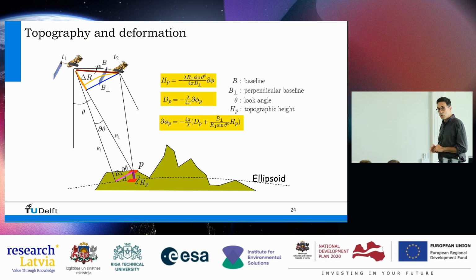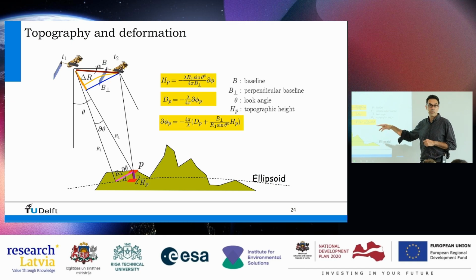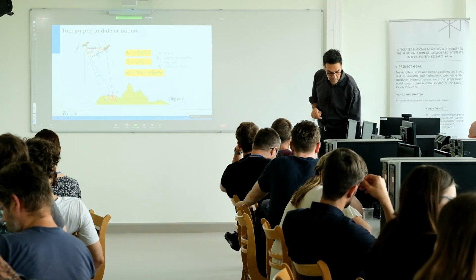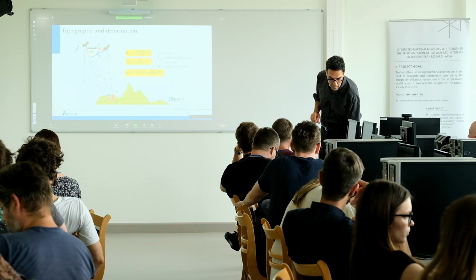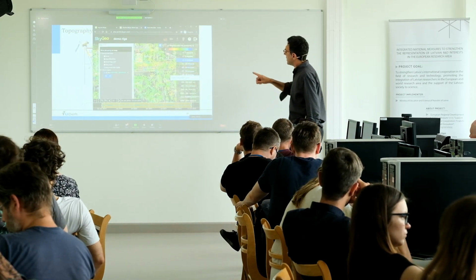So how do we solve that? Well, there are many different pragmatic ways. One very pragmatic way is simply to use an elevation model. If you already know the elevation of Latvia, you know for every point what the elevation is. You just put that number here and you get rid of this whole term and you get the displacement which is left. And that is basically in the portal that I showed you, this portal that we're going to have a look at here.